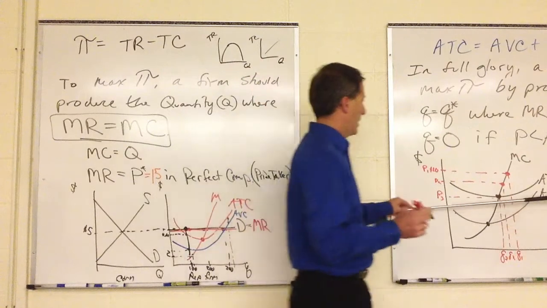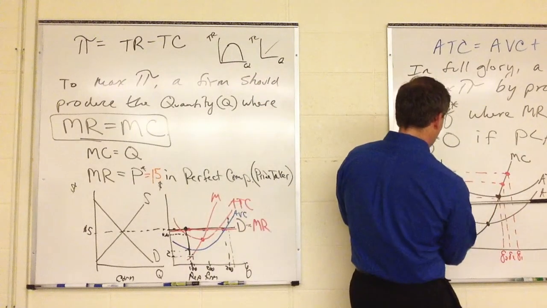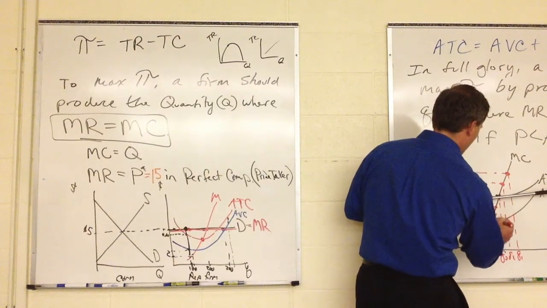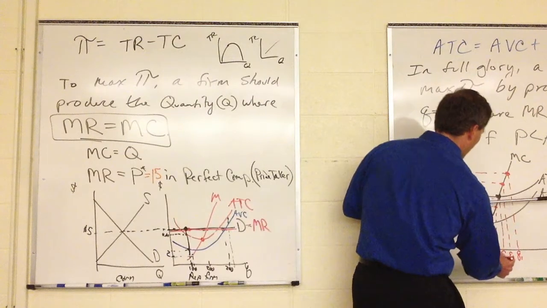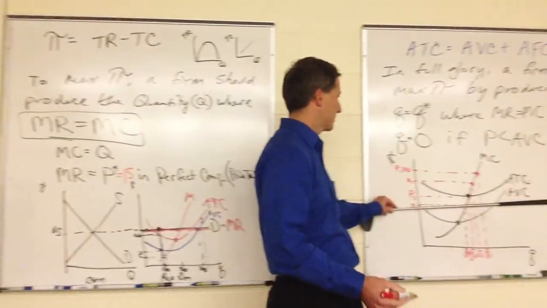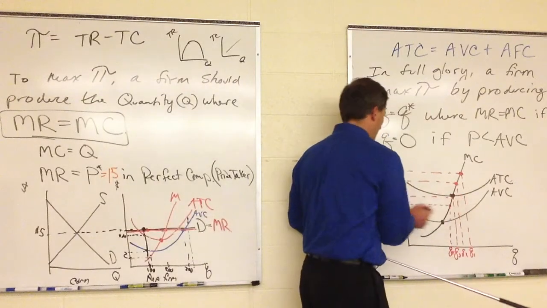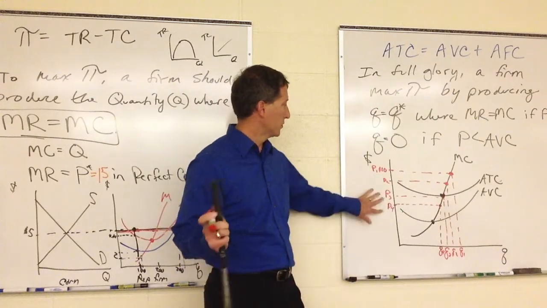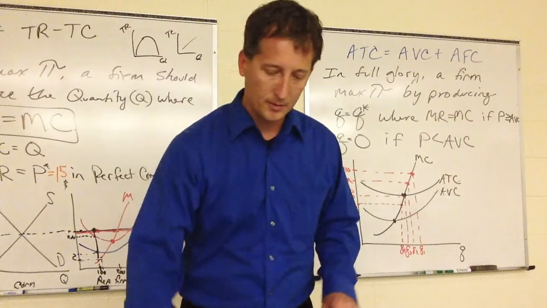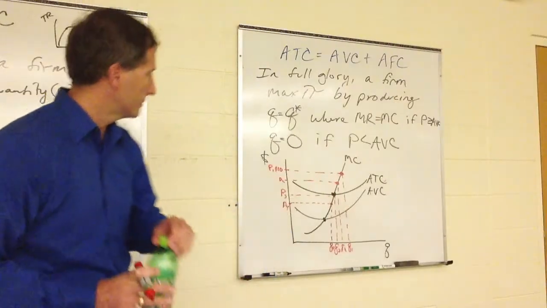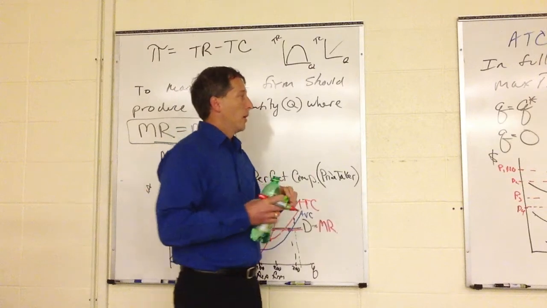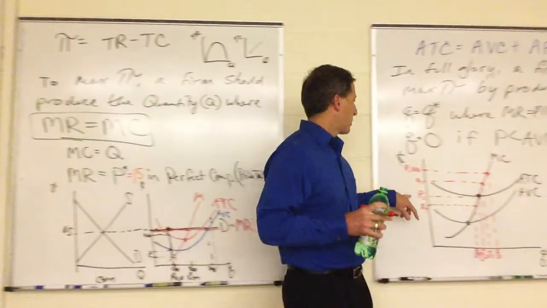Now, let me drop down to P4. If price falls down to this range, and we produce Q4 using the profit maximization rule, what's the difference between P3 and P4 at those two prices? What's happening in terms of profit?